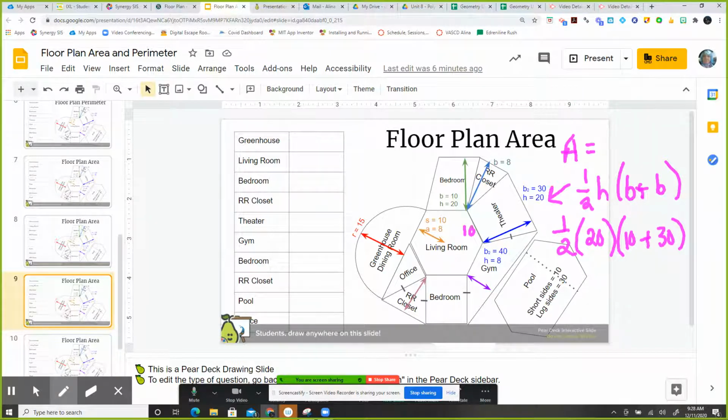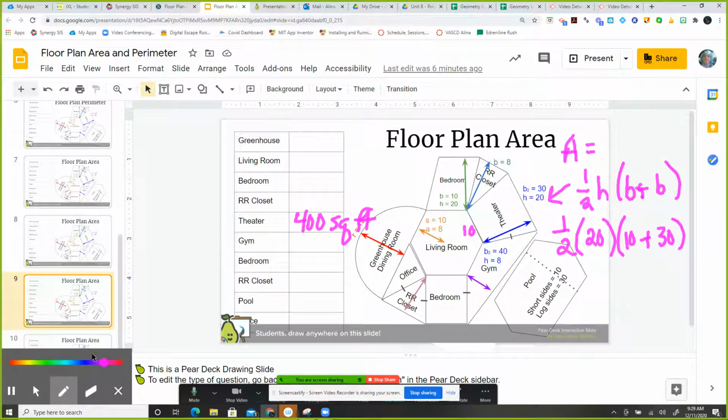How many square feet is my theater? 400. Wonder how many nice plush leather recliners I could put in there. Probably a lot. I like it.